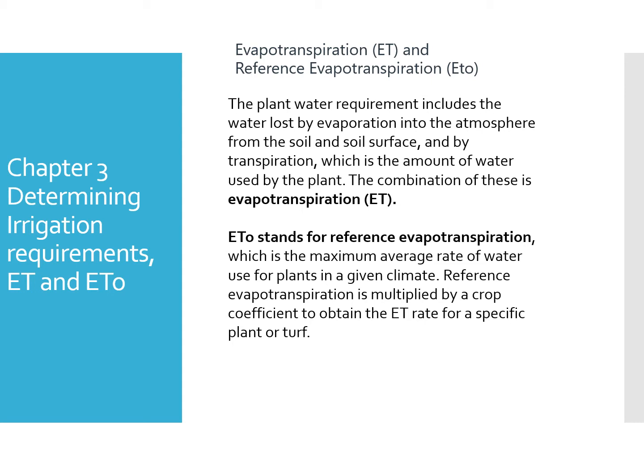So basically they have a reference plant, and then later when you've decided on your plants, there is a multiplier given to each different type of plant, and we'll be using that in some math equations later in the semester to decide if the plant that you have needs the same amount of water as the reference plant does, or if it needs less. So we'll get to that a little bit more later.